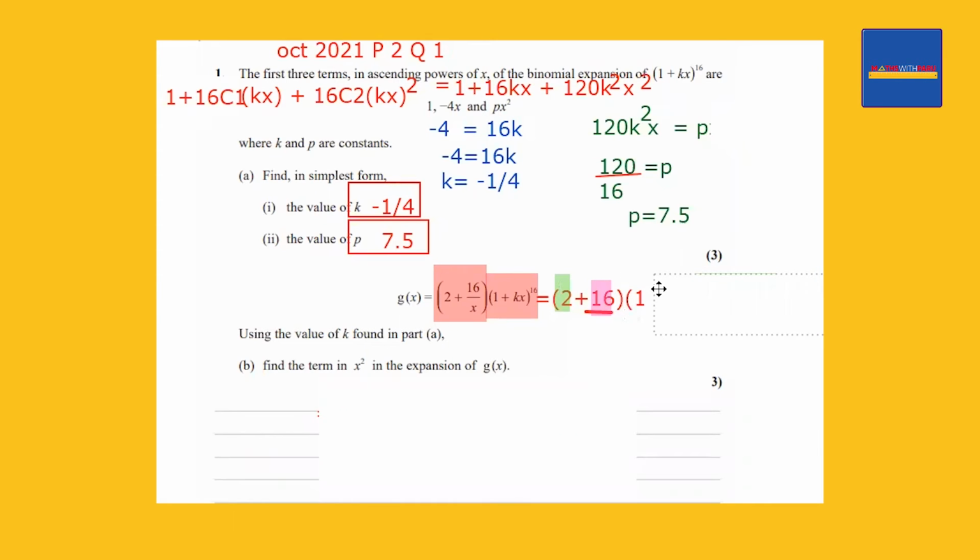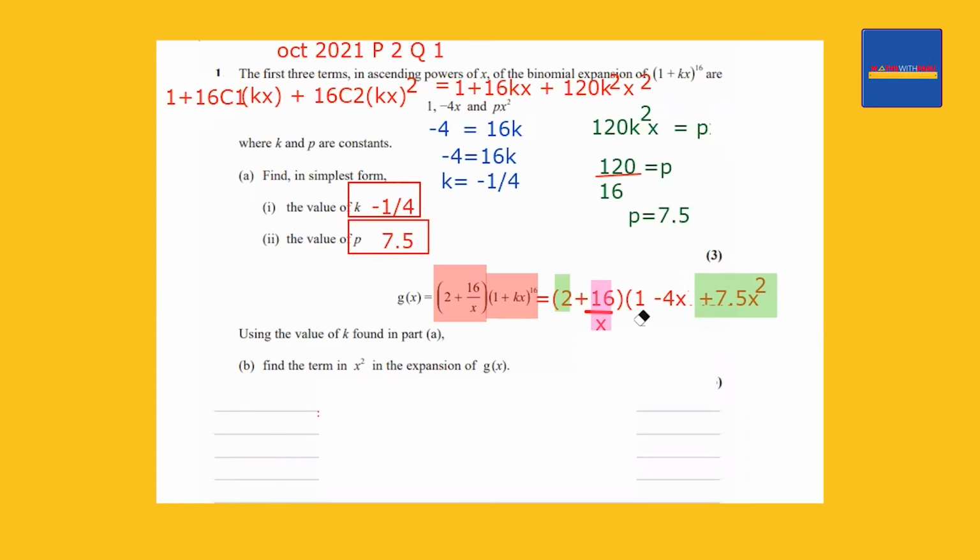The first bracket is 2 plus 16 over x, and I'm going to write the second bracket as 1 minus 4x, and I substitute my value for p, and I end up with plus 7.5x squared.